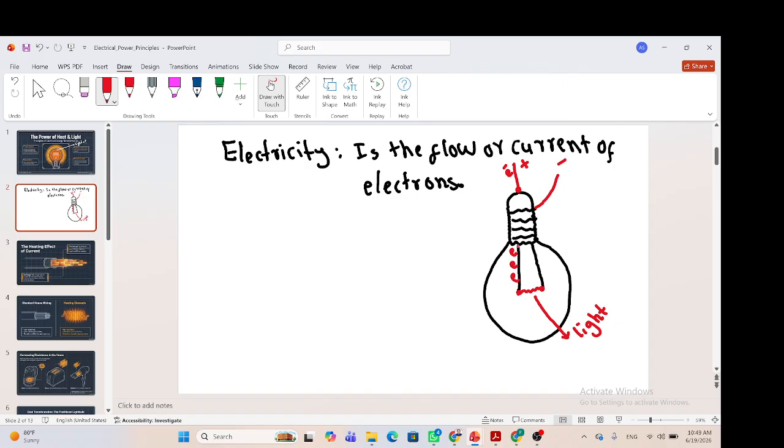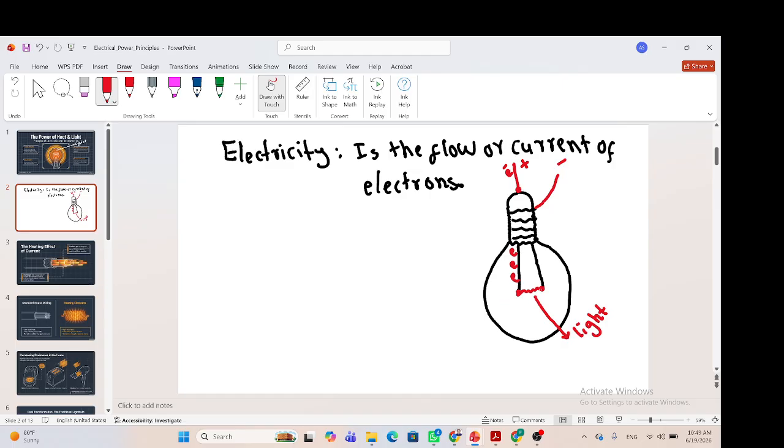Till this point there will be no problem against the flow or the current of electricity, because these metals and this substance can guide the electricity without any problem.